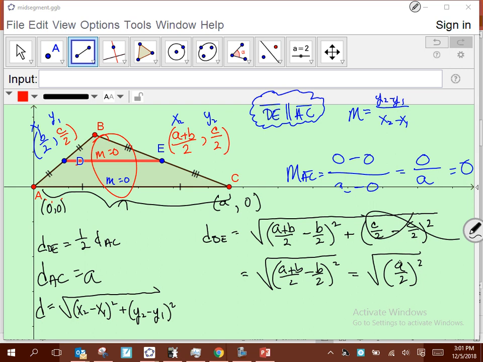What do that power of 2 and that root do to one another? They cancel out. What are you left with? A over 2. That's the distance of DE. How does that compare to AC? DE is half AC, right? Does that make sense, everybody?